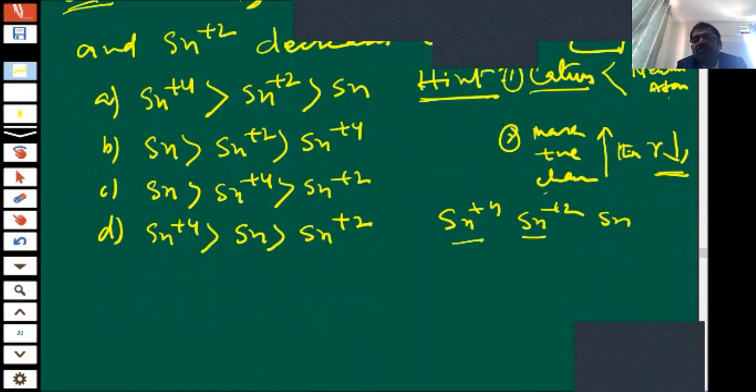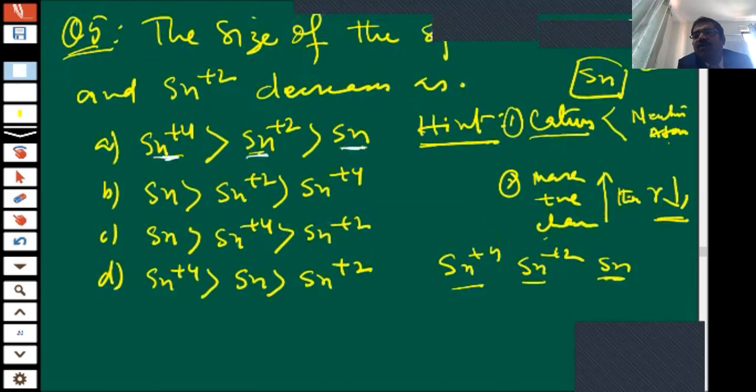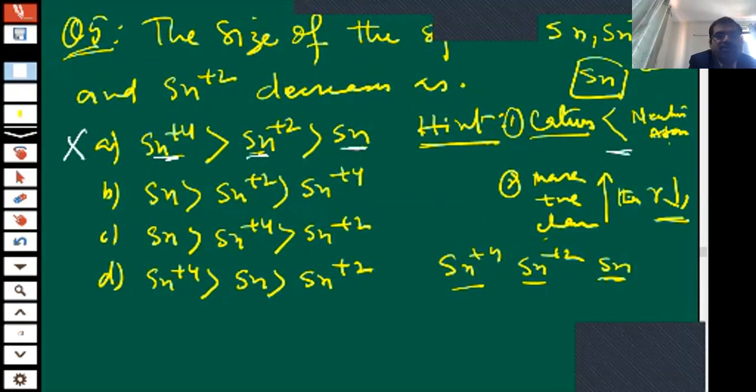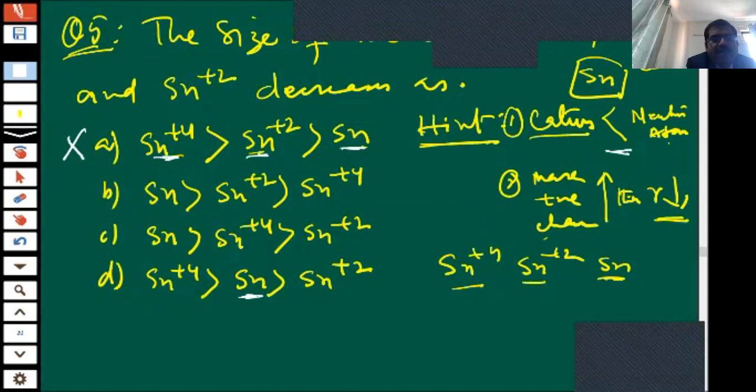The cations will be smaller than the atom. Some options say the cation is bigger than the neutral atom. This is against the rule we have learned, so those options are wrong.